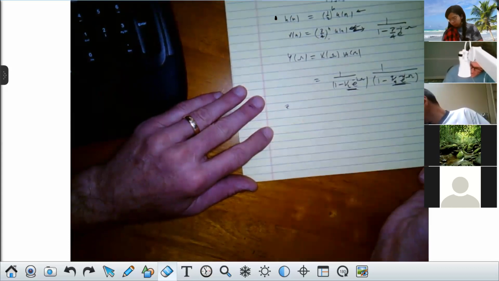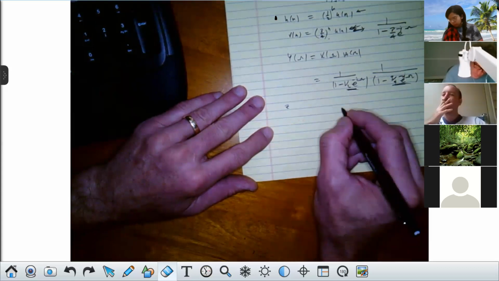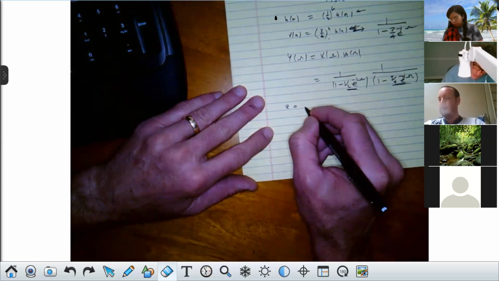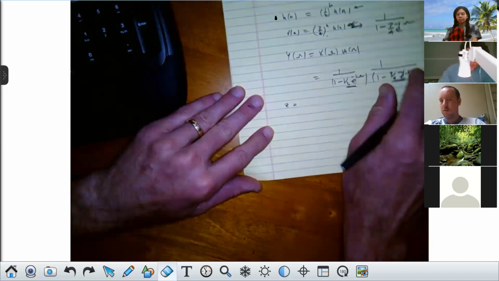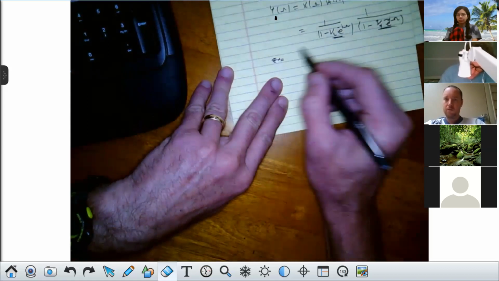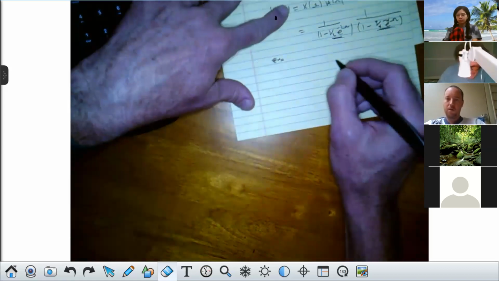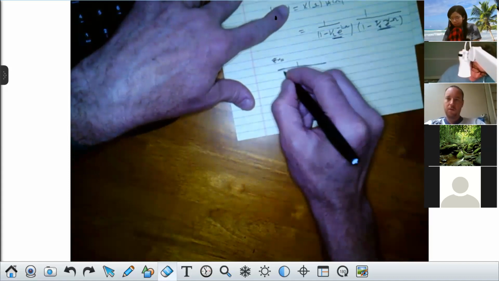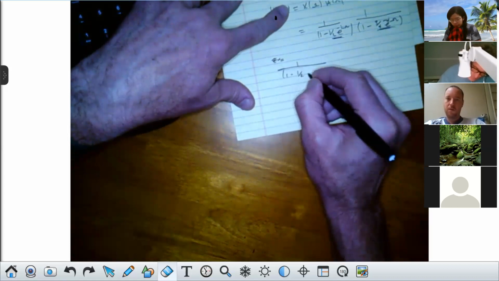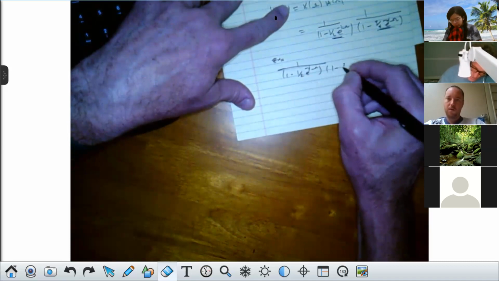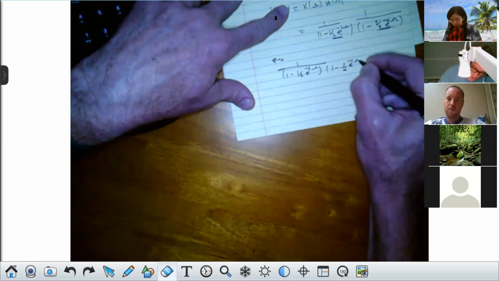Let z here be equal to simply... I almost feel like showing you how to do this with z transforms. If you're going to do this with a partial fraction, here's what it amounts to: you could take 1 over 1 minus 1/2 e to the minus j omega times 1 minus 3/4 e to the minus j omega.